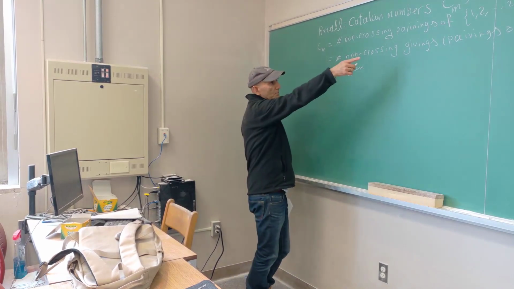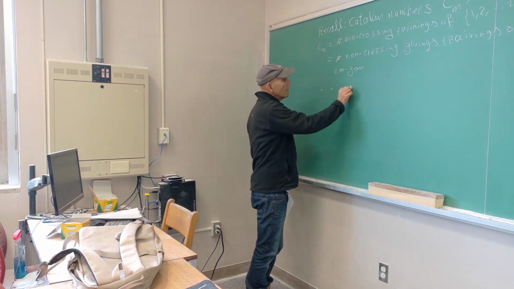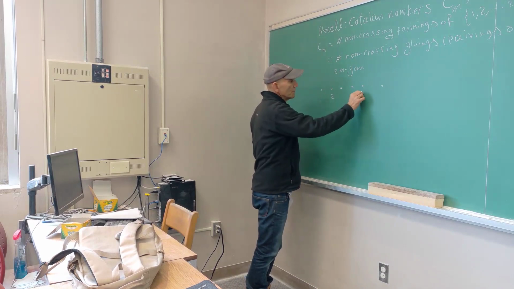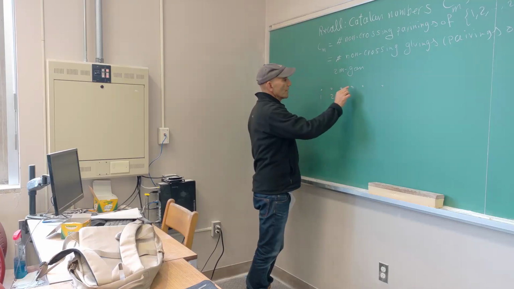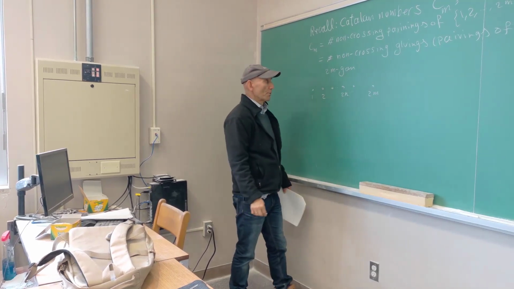I mean, if we think in terms of those 1 to 2n, we have 1 to say 2k, and then here's 2n, right?